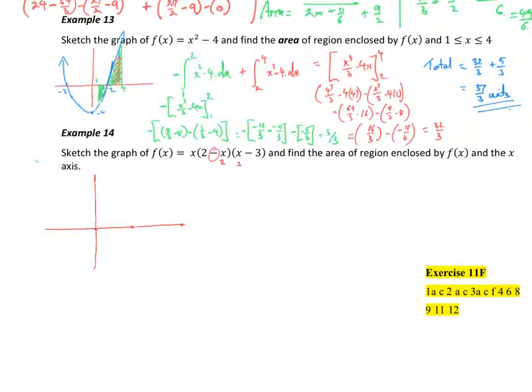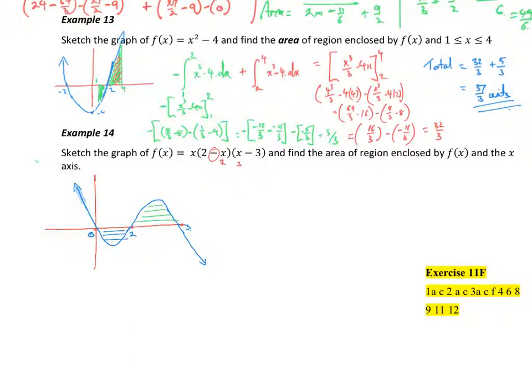It's a negative cubic, so it must look a little bit like this: up, down, through, like that. So that's 0, 2, and 3. So clearly, the area that I need is that area there and that area there, all right?